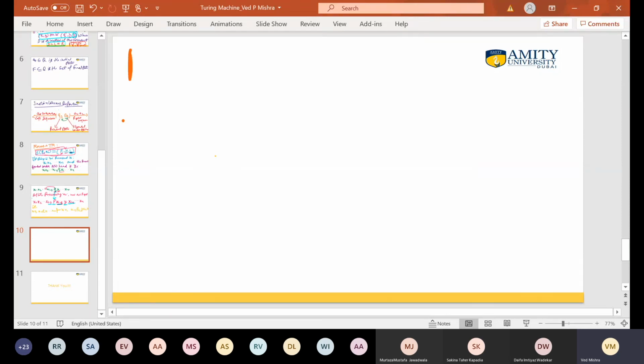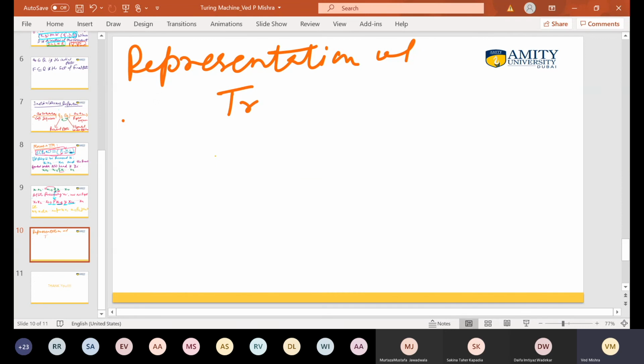So you can write the representation of the transition table.